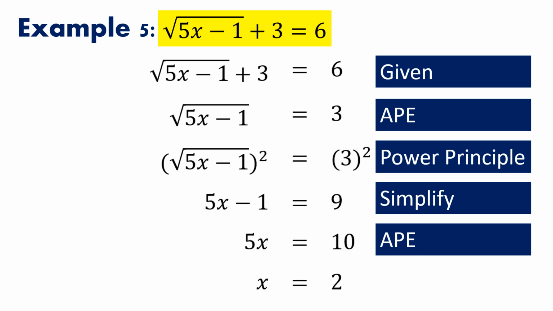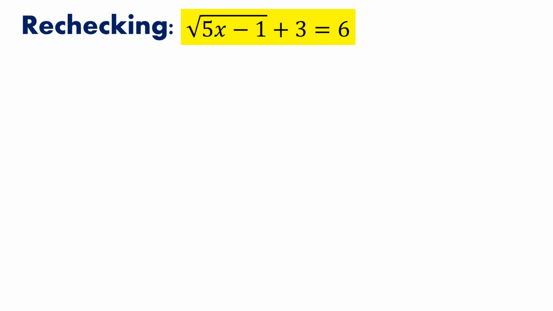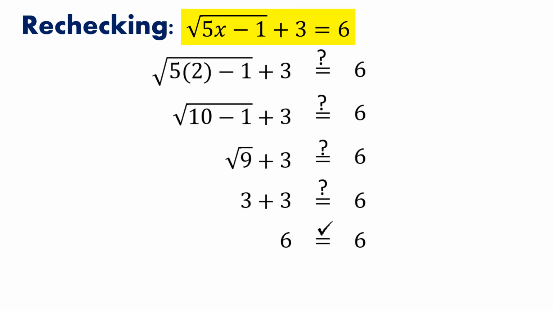We add 1 to both sides of the equation. We also apply multiplication property of equality. We divide both sides of the equation by 5. We can check our solution as follows.